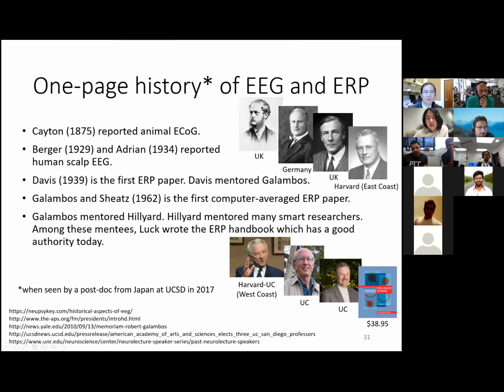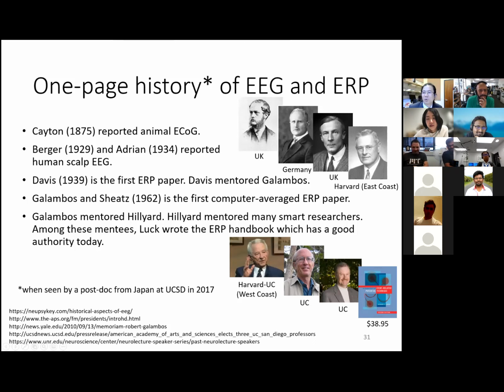He found alpha rhythm, and alpha rhythm is sometimes called Berger rhythm after his name. And he's from Germany. And Davis, he reported the first ERP papers, and this guy is from the UK. And this Davis mentored Galambos. Galambos is a mentor of Scott Makeig, and Scott Makeig is a mentor of me. So in a sense, this Davis is my grand mentor.